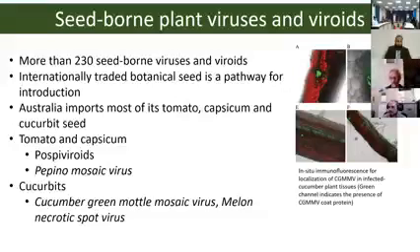And also in cucumbers we have CGMMV, which causes very serious problems in different species of cucurbits, and of course melon necrotic spot virus, which is also very important in cucurbits.